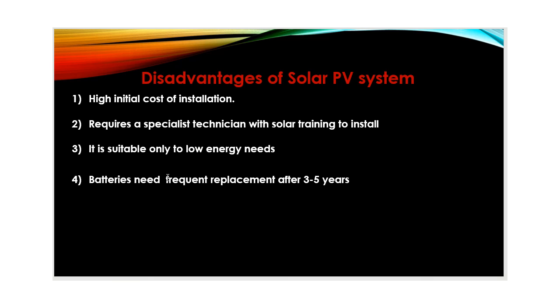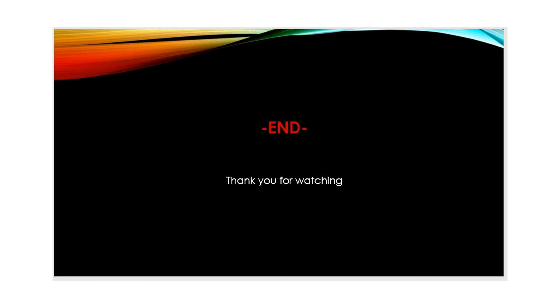Number three, it is suitable only for low energy needs, because if you have high energy needs, then the cost of installation will be high. So it is somewhat a disadvantage in that respect. The fourth disadvantage is that batteries need frequent replacement after 3 to 5 years. Those are the major disadvantages of a solar system.